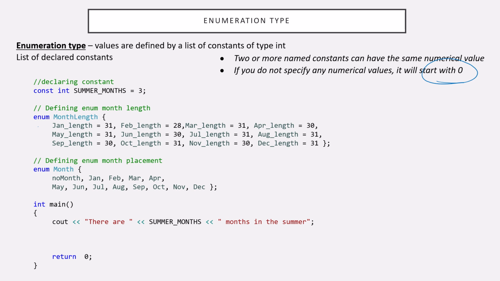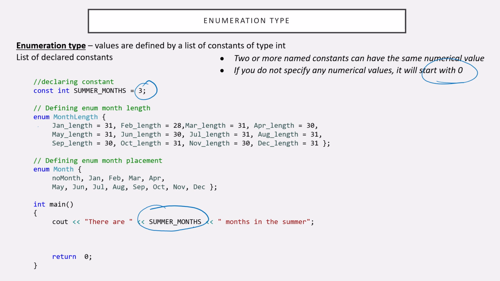So we have this word summer months. This word summer months will be replaced with 3. That's all it does, it's like a constant, like a word for a value.